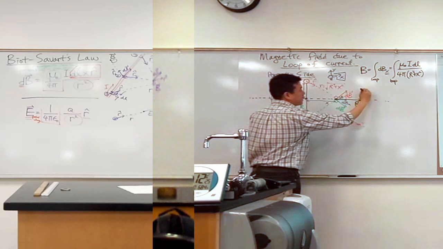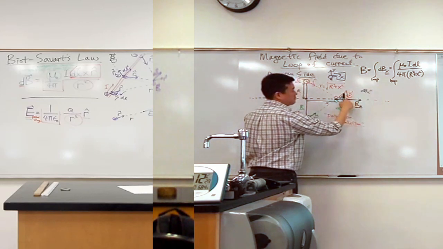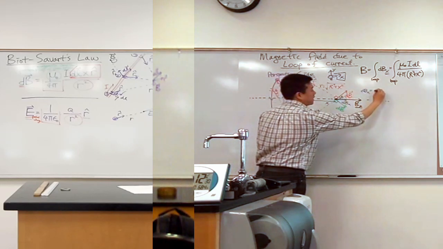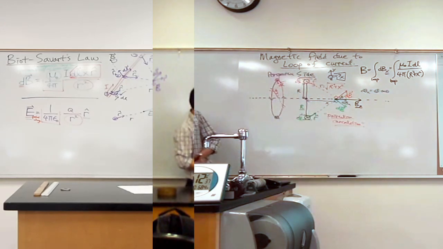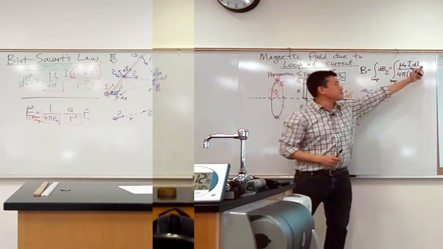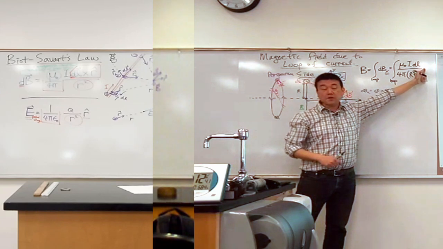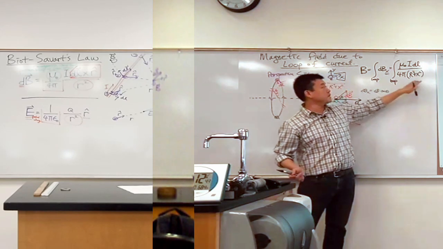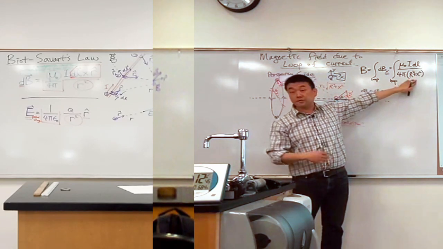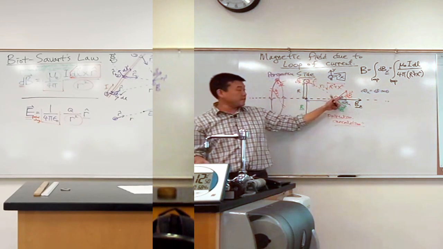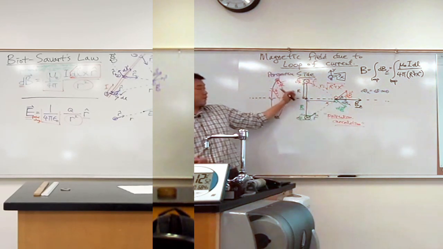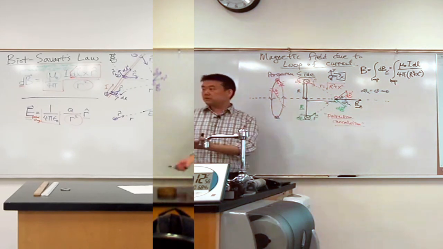I can represent my x component as the magnitude times cosine theta. So the easy impulse is to simply write in cosine theta here. But let me go through one more step so that I can express this integrand in terms of things I know, because theta is a new symbol I just introduced. So I want to re-express theta in terms of all these geometry quantities that I know.